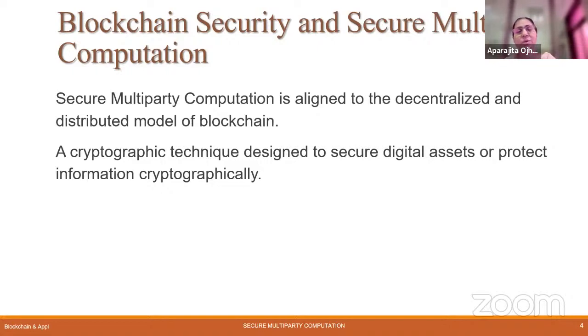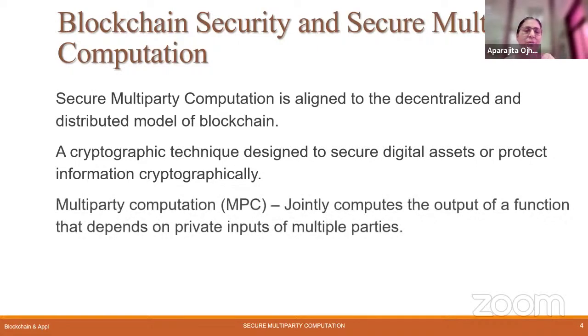So what is secure multi-party computation? You do multi-party computation in a secure way because cryptography is associated. Multi-party computation means that jointly, people are computing the output of a function that depends on, please remember, the private inputs of multiple parties.